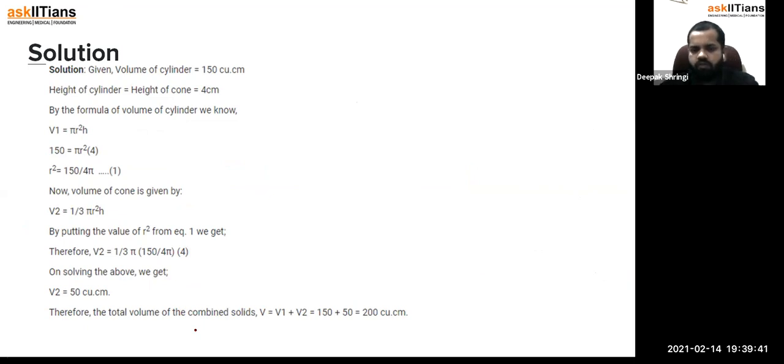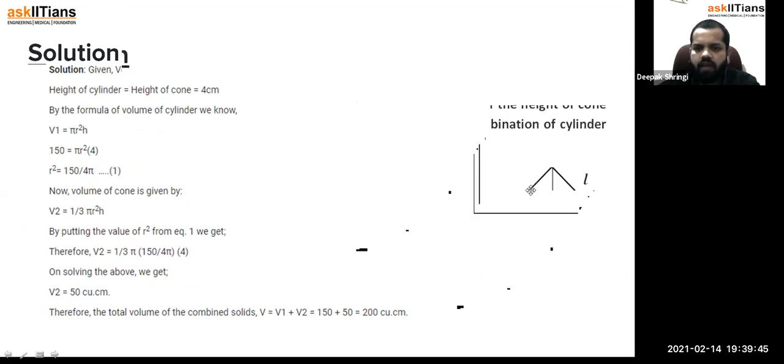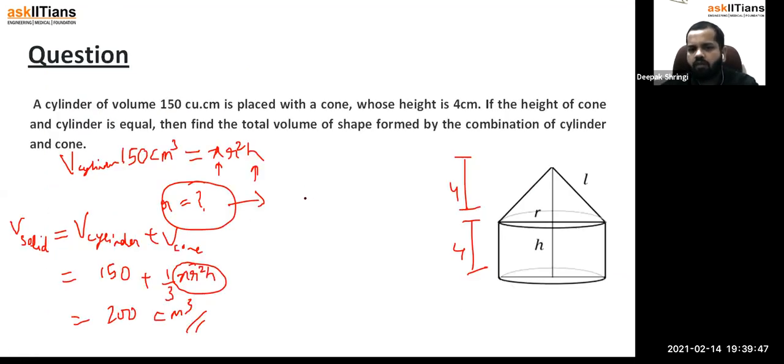So for the whole combination of solids, I do not want to calculate the value of r, right? Because h and r are both the same, you can just add.